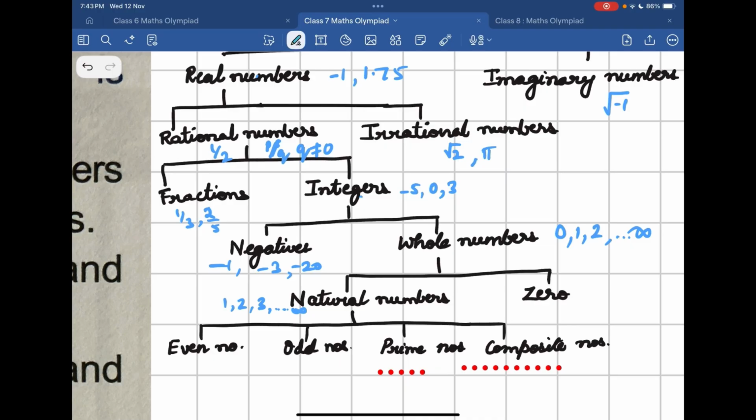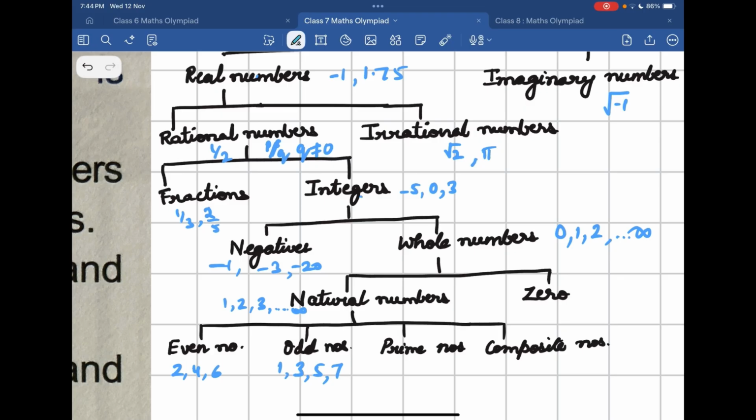Then these natural numbers can be divided into even numbers, odd numbers, prime numbers and composite numbers. Even numbers are 2, 4, 6, 8, which are numbers divisible by 2. Odd numbers are the numbers which are not divisible by 2, like 1, 3, 5, 7, etc. Then what are prime numbers? Prime numbers are natural numbers greater than 1 and they have only two factors, that is 1 and itself.